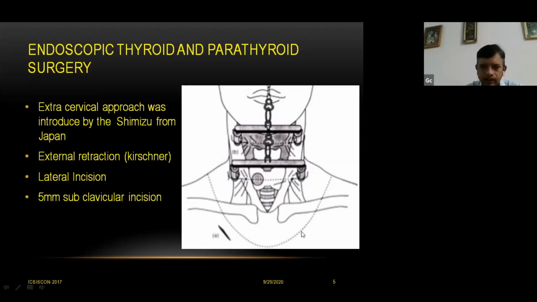So the scar is hidden, but because this is the chest area and it is very vulnerable to the development of keloids or hypertrophic scars, there are lots of complications. So that's why this scar was shifted from this area to the axillary area.